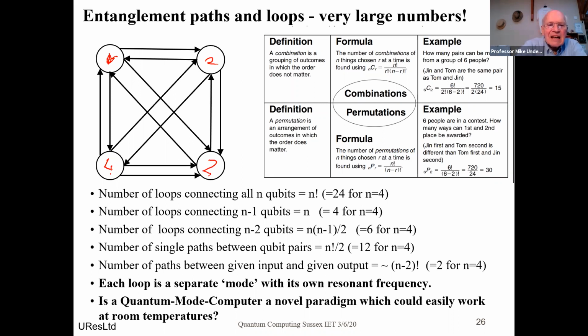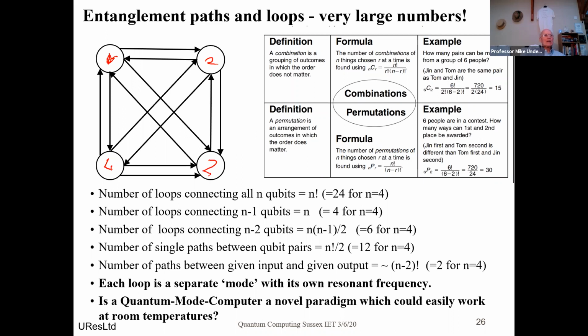Looking at the picture on the left, we can see the number of loops connecting all qubits. Looking at the order in which they're connected, both forwards and backwards, it is what is called factorial n. Let's take the example for n equals 4.